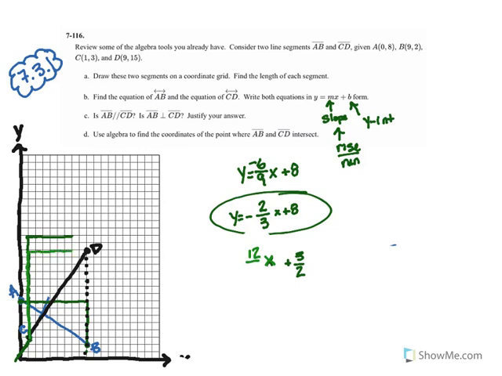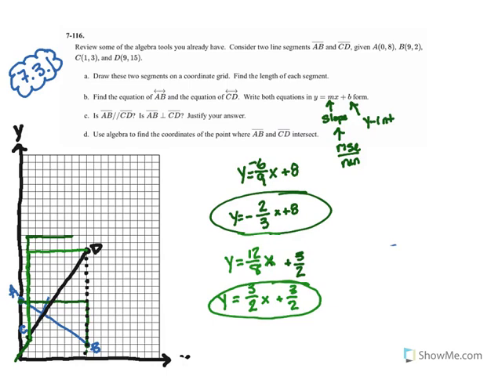We're going to go 1, 2, 3, 4, 5, 6, 7, 8. That's better. And remember, this is a y equals. Okay, now we can simplify this fraction also. 4 goes into 8 2 times, and 4 goes into 12 3 times. And we have x plus 3 halves as our y-intercept.